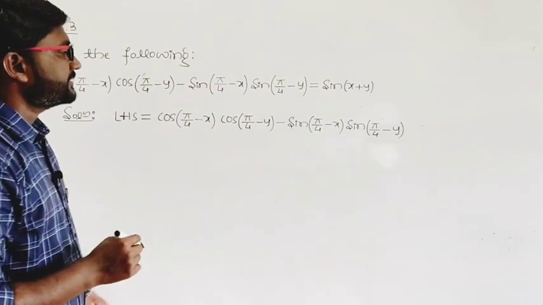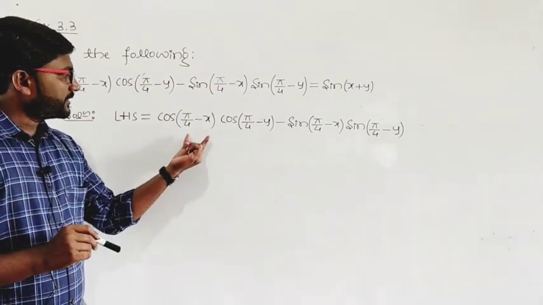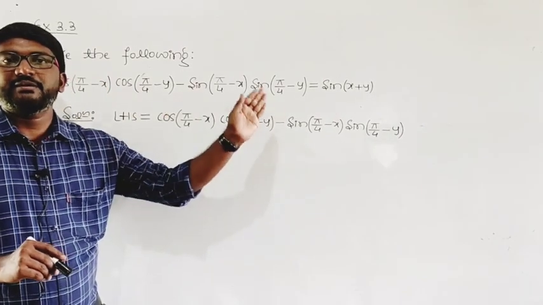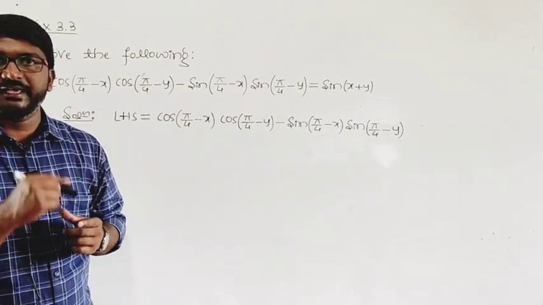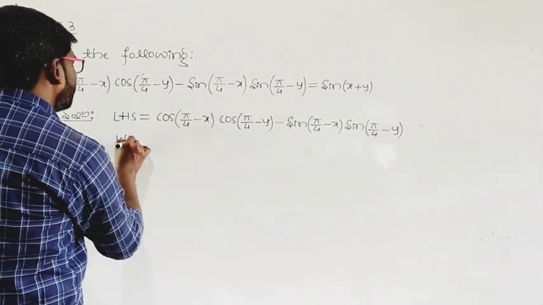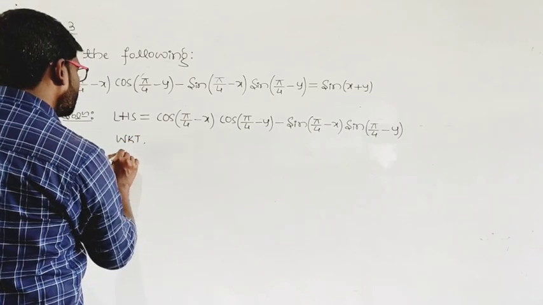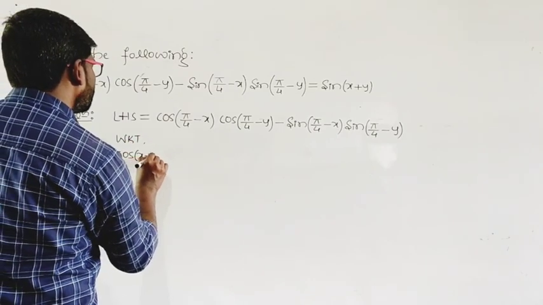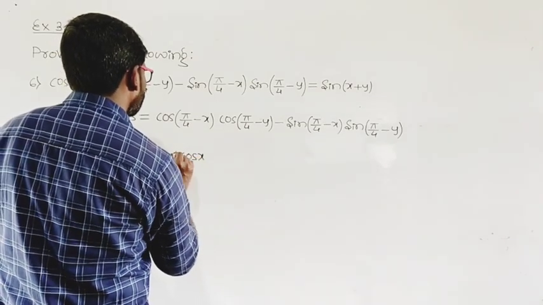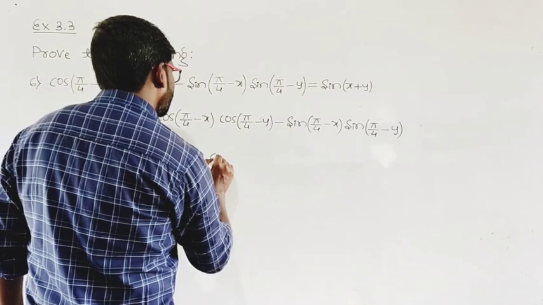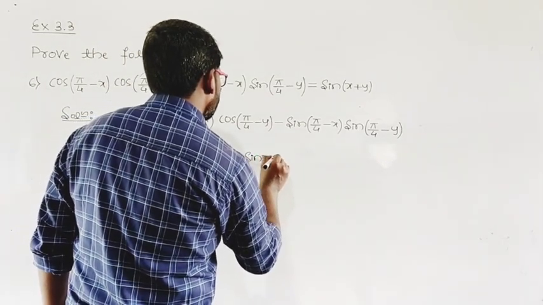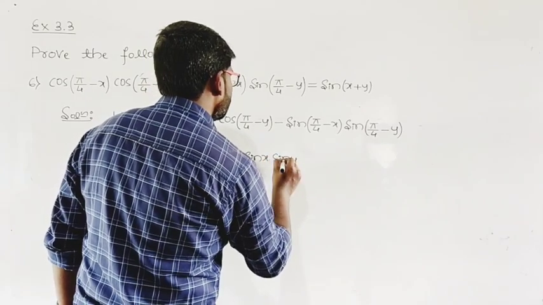So now see here, it is in the form of cos x cos y minus sin x sin y. What is cos x cos y minus sin x sin y? It is cos of x plus y. So here we'll write the formula. We know that cos of x plus y equals cos x into cos y minus sin x into sin y.